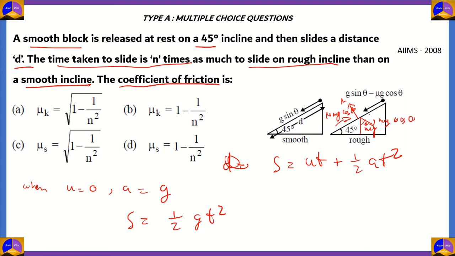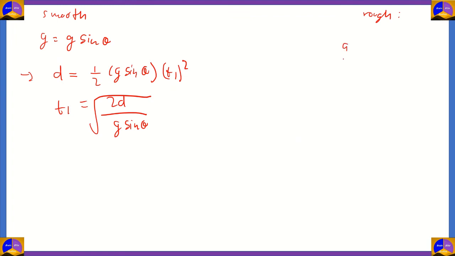So mu g cos theta is the acceleration which is opposing the acceleration due to gravity. Therefore, the total acceleration in the rough plane is equal to g sine theta minus mu g cos theta. So you can write the displacement here, that is d, as equal to half times g sine theta minus mu g cos theta into t2 the whole squared.